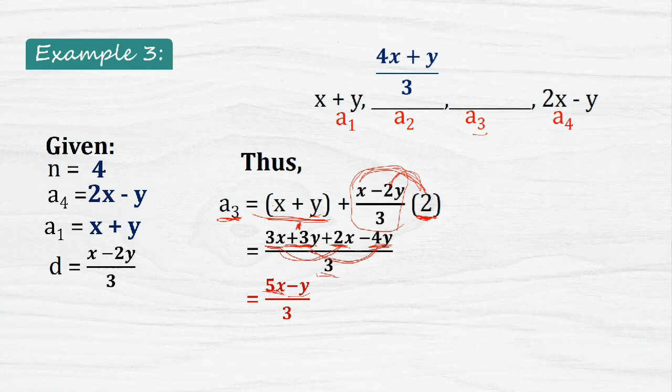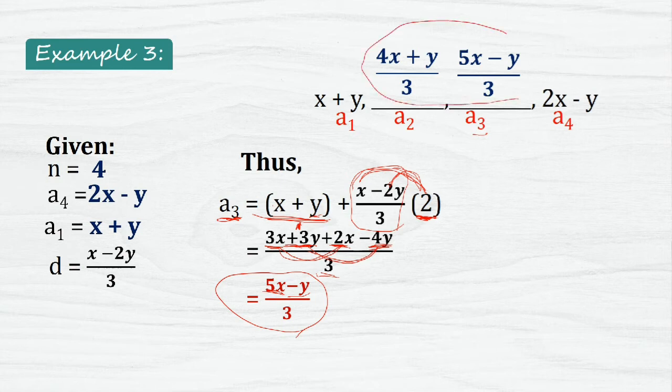So, we subtract and follow the sign of the bigger number since the signs are different. All over 3. Therefore, the second arithmetic mean, or the third term, is 5x minus y all over 3. So, these are now the two arithmetic means between x plus y and 2x minus y.